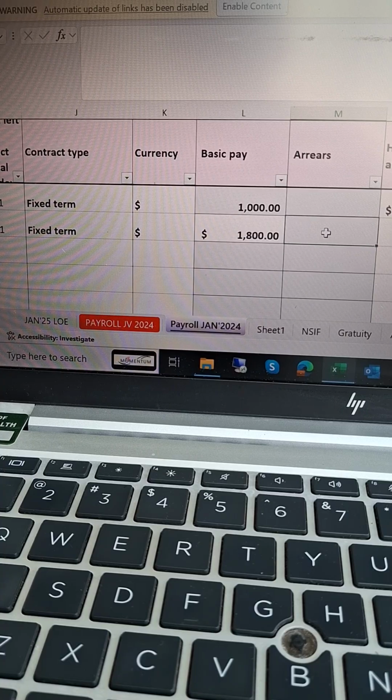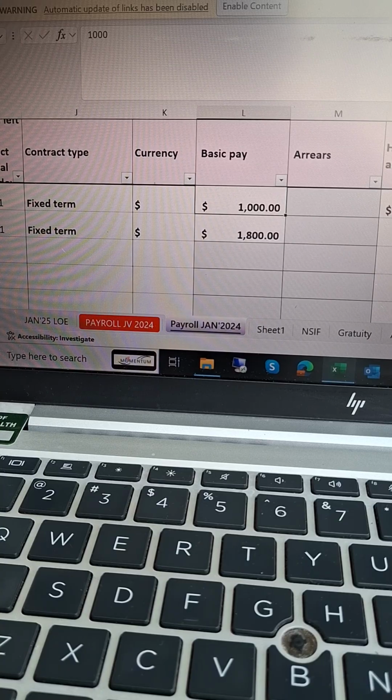The guy doesn't have any arrears. That's how you change it. Remember, this is without dollar. If you want to change it, you click on it, you come to browse, then you click on it. You have paired them with the same currency.